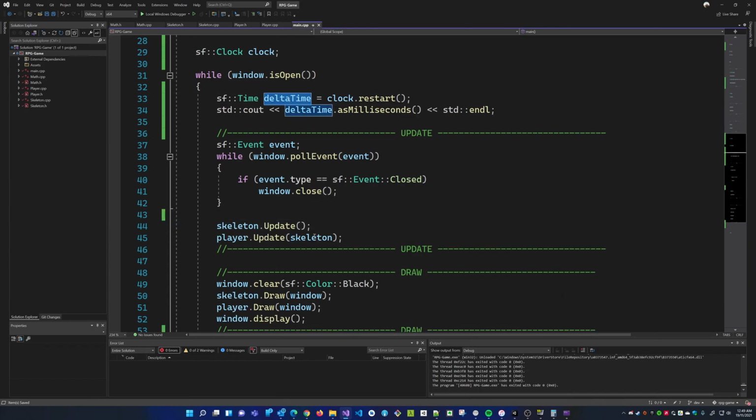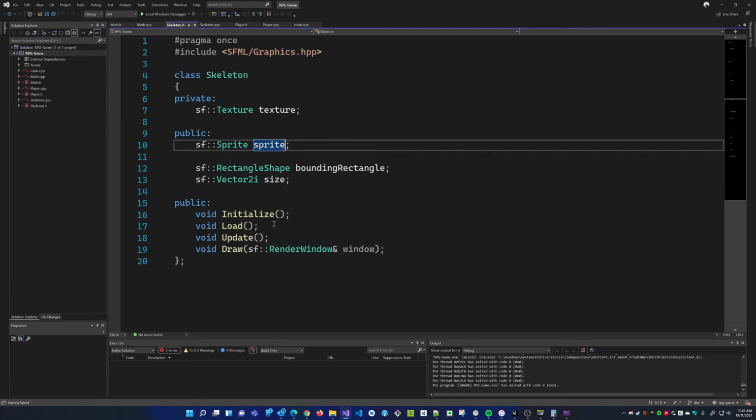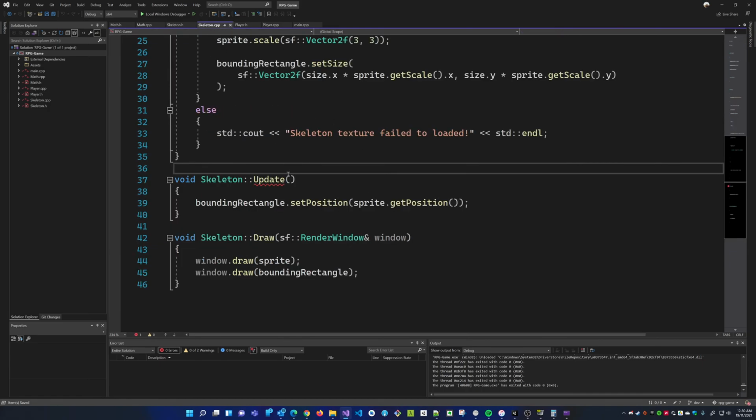Now, here's the thing. I'm going to pass delta time here, and I'm going to pass delta time here. Which means in update, we now ask for a float delta time. And in skeleton, we're going to ask for a float delta time.